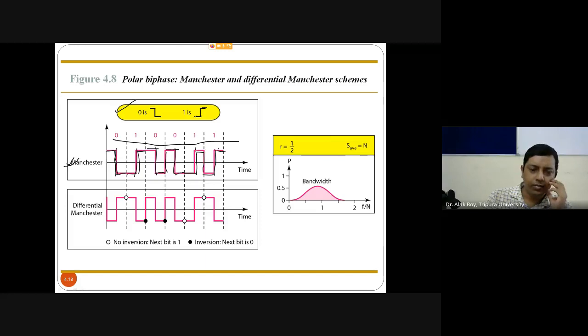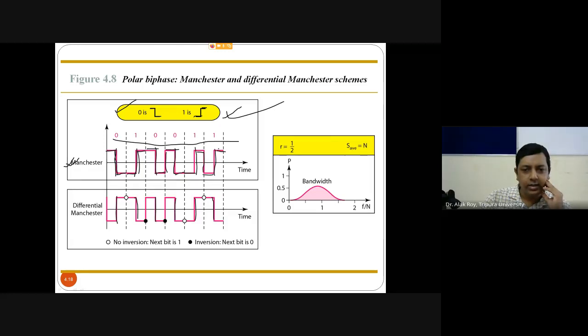Okay. So what is important here for Manchester? You should remember the rule that what signal component you are going to use for your 0 and what you are going to use for 1. In differential Manchester, same thing. At the middle, you draw the signal for all cases.